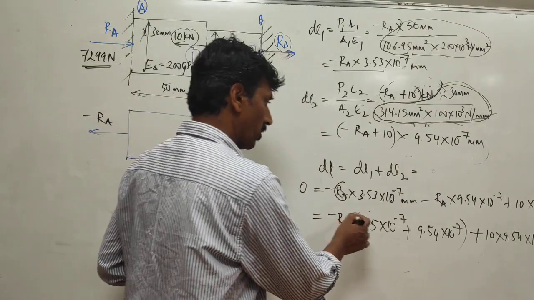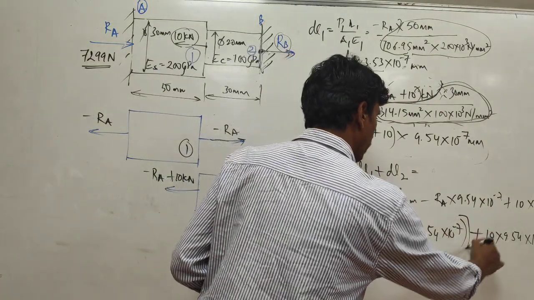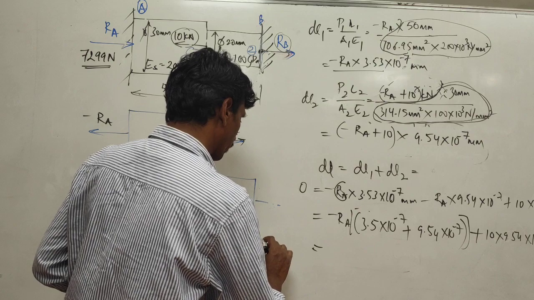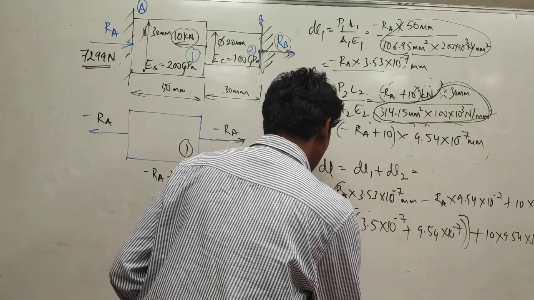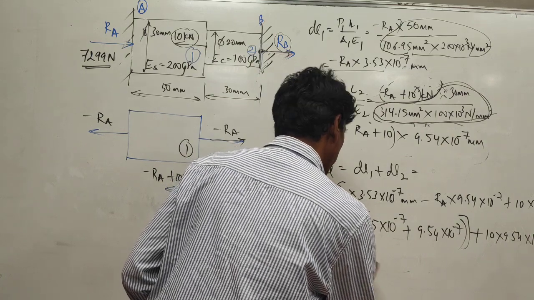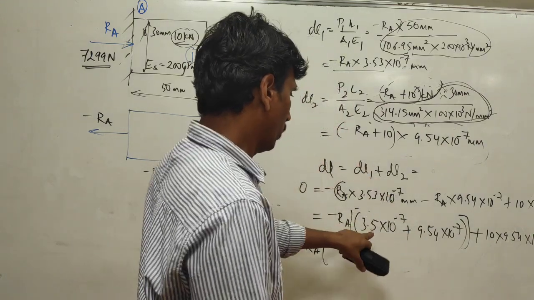Since this is minus here, you can take it to the right hand side. So this becomes minus RA into some number here.